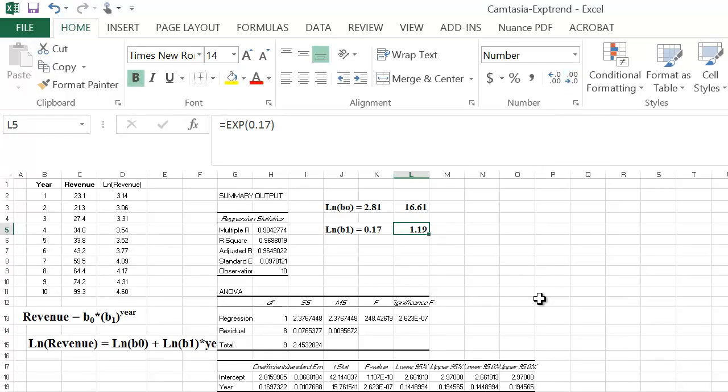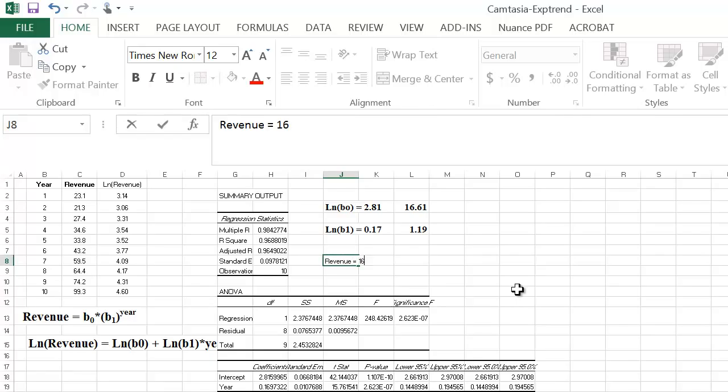Okay, so we have reverse engineered b0 and b1. Once we have all the different pieces together, we can recreate our exponential trend expression, which would be revenue is equal to 16.61 multiplied by 1.19 raised to the power year.